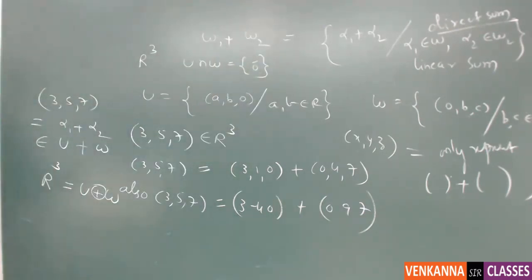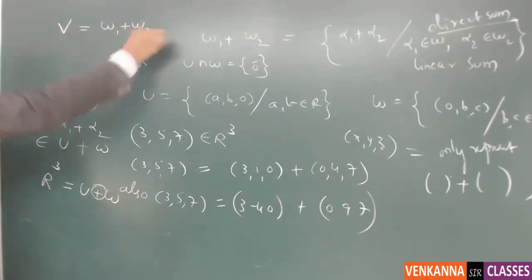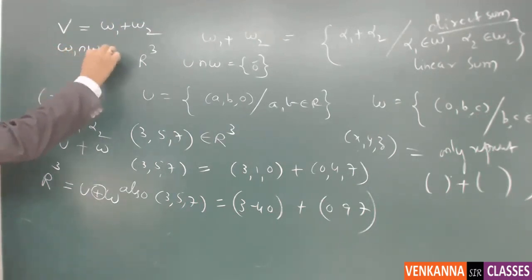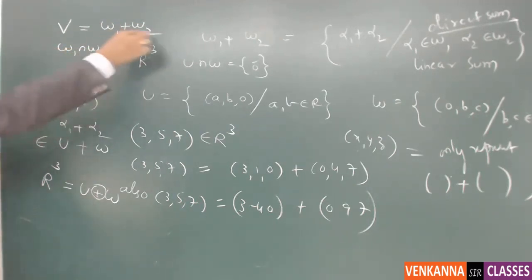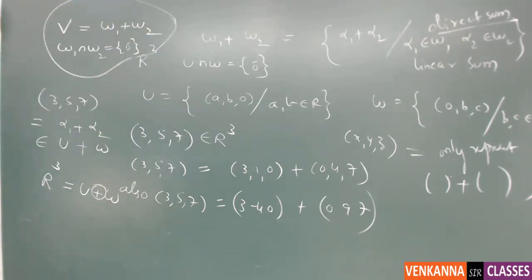So if you want a perfect definition, the definition of direct sum is given as follows: whenever you take a vector space, it is nothing but the sum of two subspaces, and their intersection is nothing but 0. Whenever this type of thing is there, we call it a direct sum. If only the first thing is possible, the second thing is not possible, in such cases we call it a linear sum. Okay?